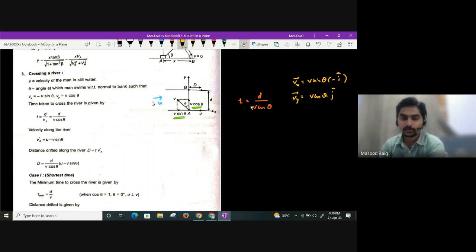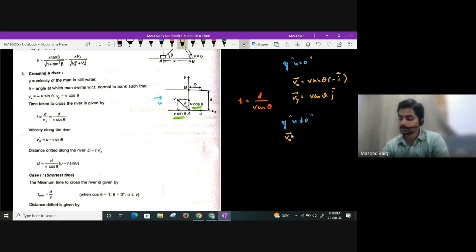Now suppose the river is also flowing with some speed u, then this person will have three components now. This is the case when the river is not flowing, where u is 0. If u is not 0, the river usually flows horizontally only, guys.